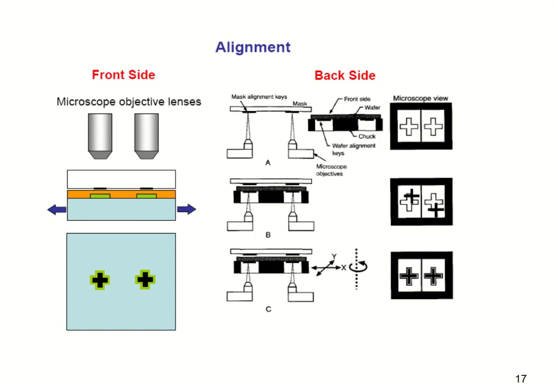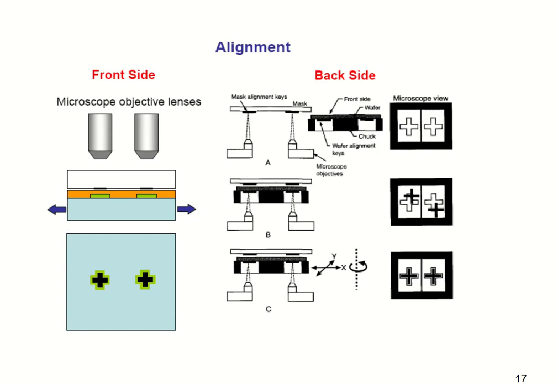Usually we use a cross mark to align the mask with the counterpart pattern on the wafer. From the top view, you can use the microscope objective lens to look at this alignment pattern carefully. Sometimes you need to look at the backside pattern, because if you want to do backside wet etching, you need a pattern on the other side of the wafer.